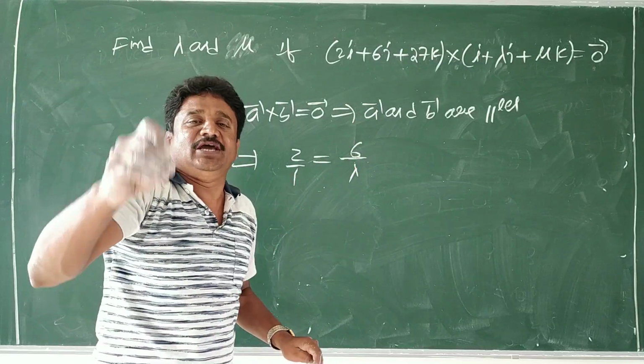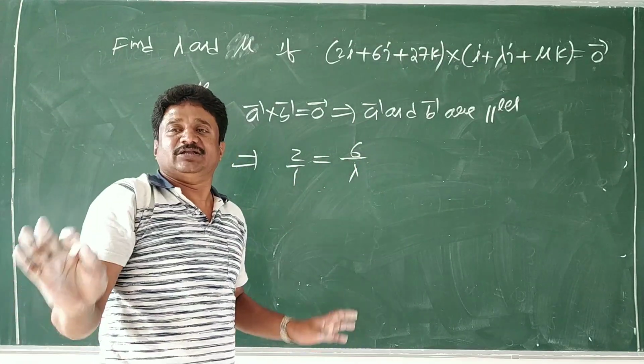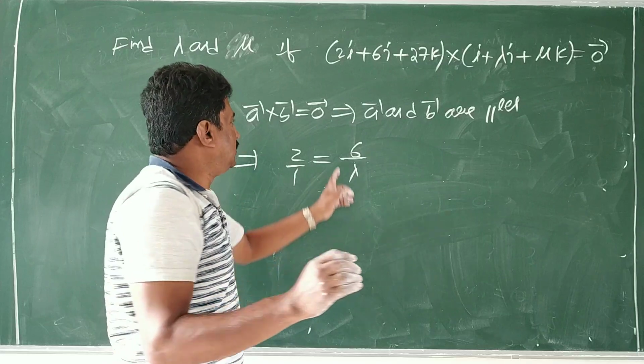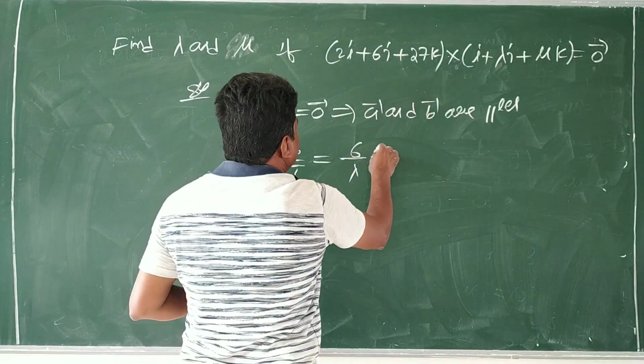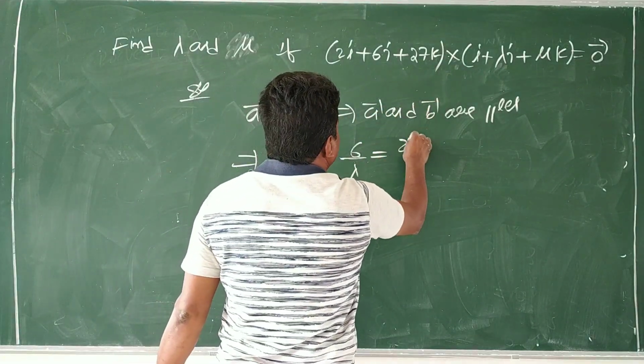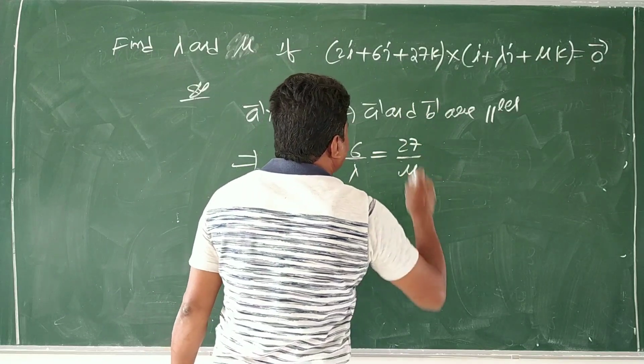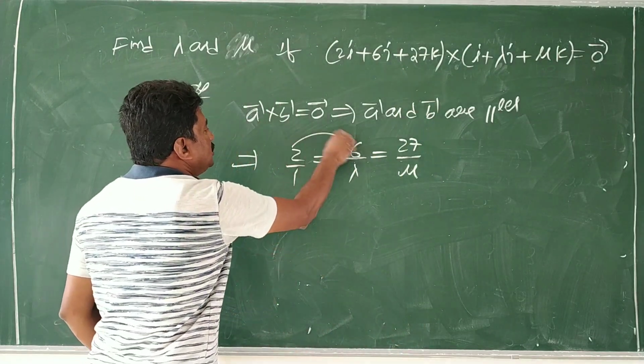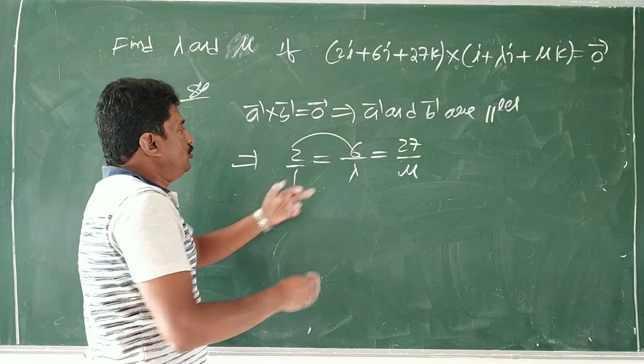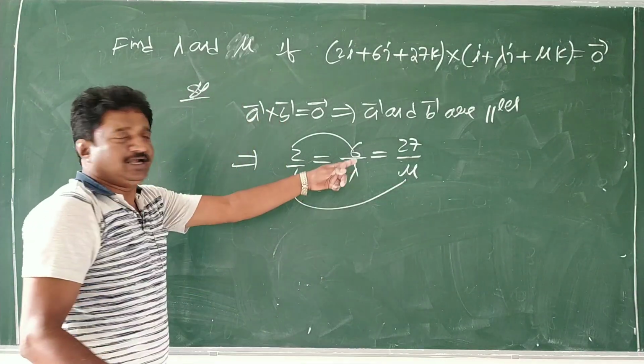Use that. So 2 by 1 is equal to 6 by lambda, is equal to 27 by mu. For both collinear and parallel, you use the same condition. Now, if I take these two, I am going to get the lambda value. If I take first and last, I will get the mu value.